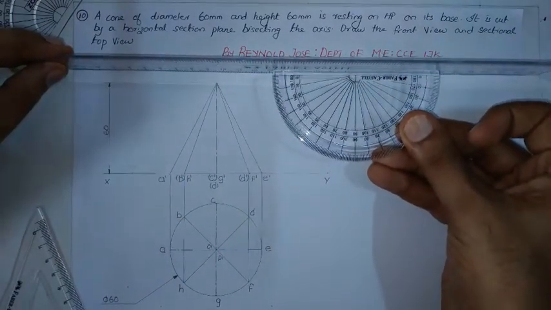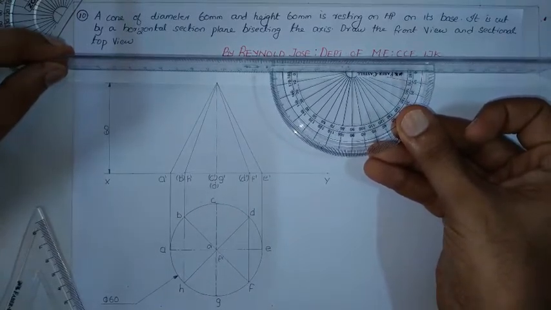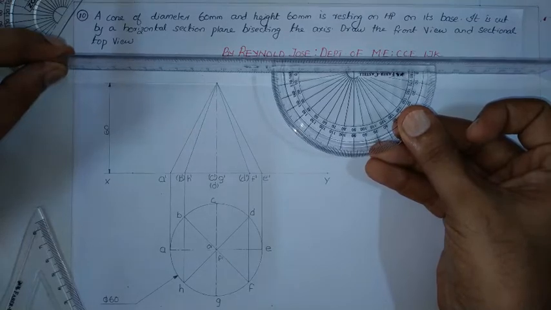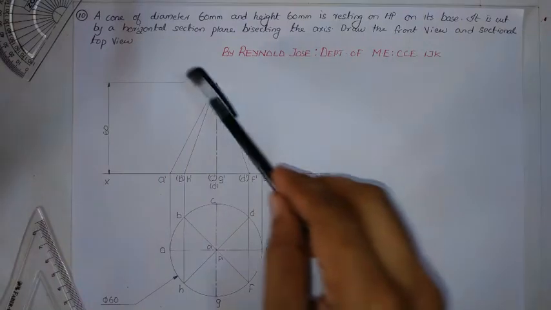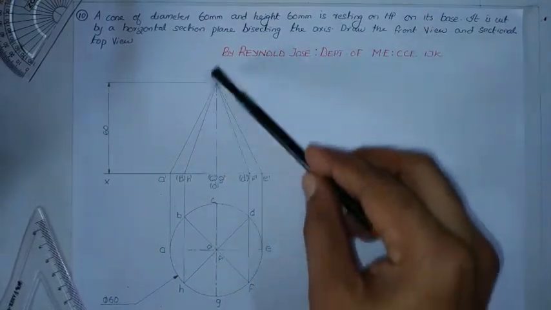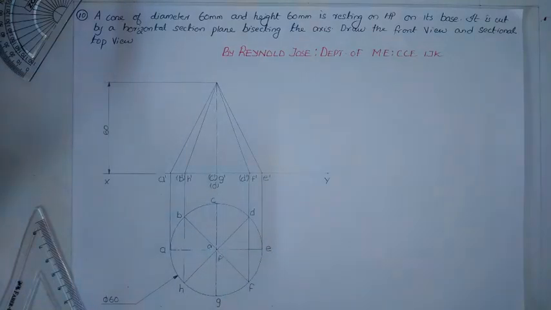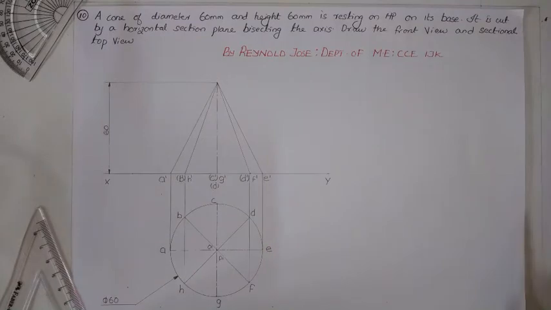So when you are observing this section plane from the front, it will be like a line, or it seems to be a line. So it is passing through the section plane bisecting the axis. So total height of the cone is 60 mm. Let us locate the section plane.